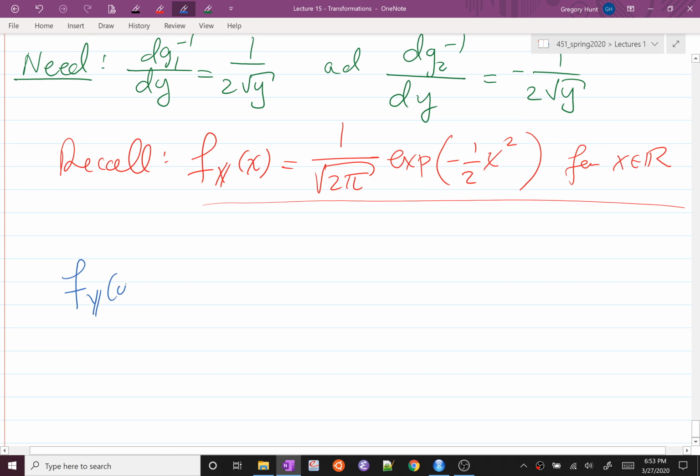The PDF of y, the PDF of x squared, I sum over my two chunks. So little k goes 1, 2. Well, capital K is just 2, so it's a sum of two things. Segmentation is maybe a bit overkill, but in any case, I plug in f of x of g.